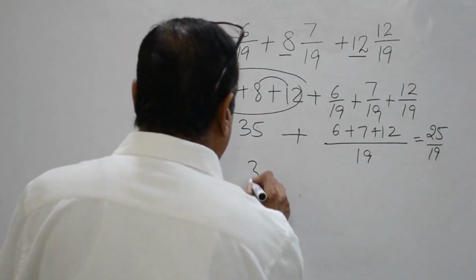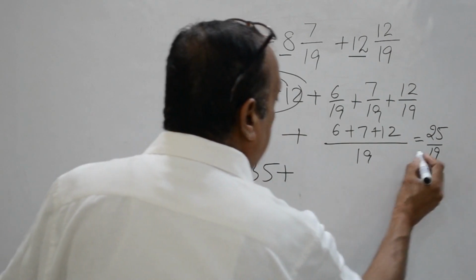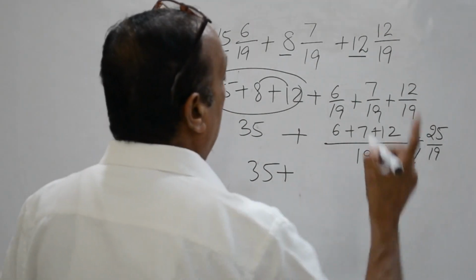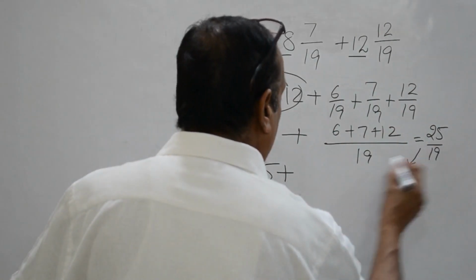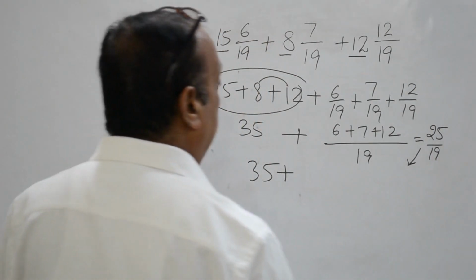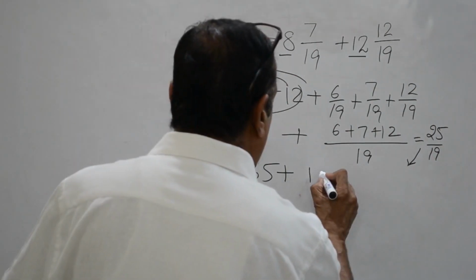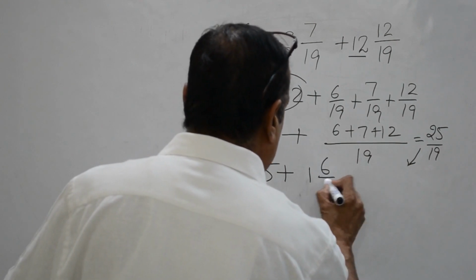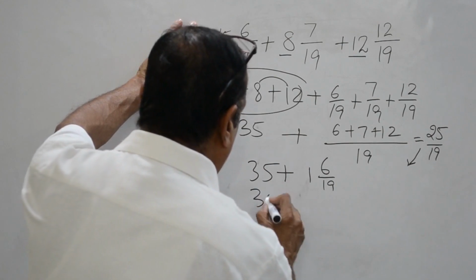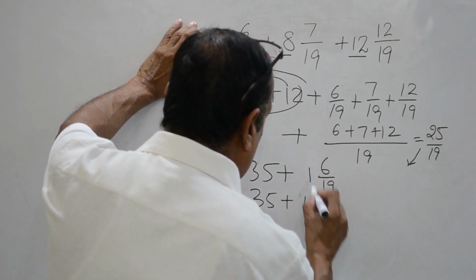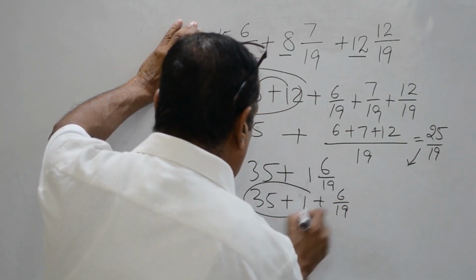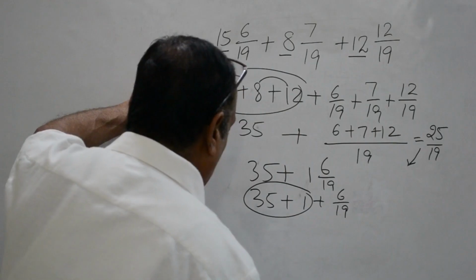So it is 35 and we are to convert this improper fraction into a mixed number. When we convert 25 upon 19 into a mixed number, we get 1 6 upon 19. So now it becomes 35 plus 1 plus 6 upon 19. So it is 36 plus 6 upon 19.